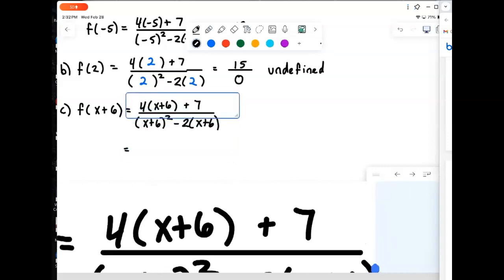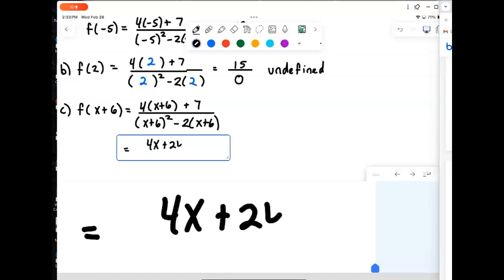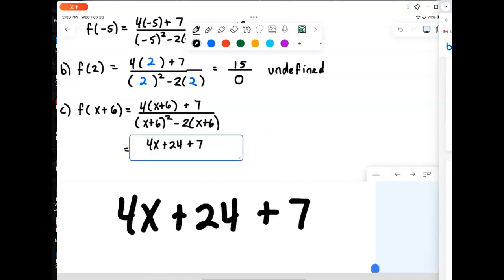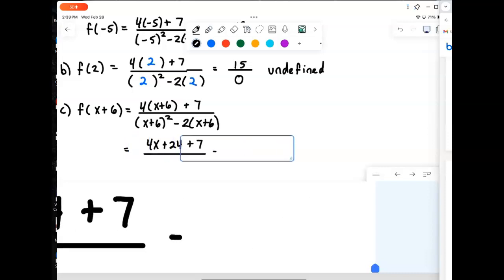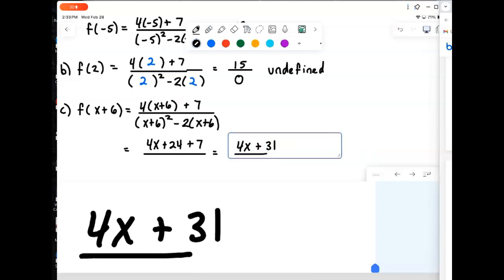So on top here, I can multiply through by 4 and get 4x plus 24 plus 7. And then I'm just going to keep working with that numerator for the moment so that I get 4x plus 31. Now I'm going to turn to my denominator.